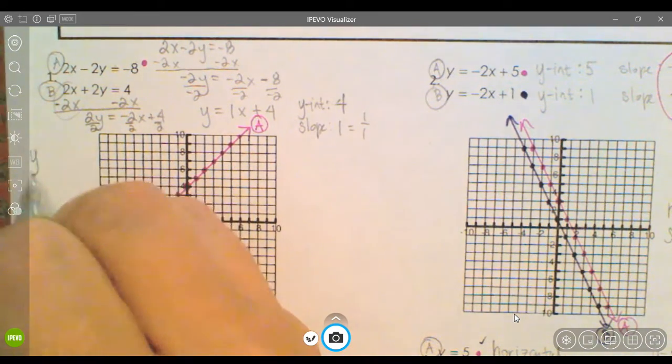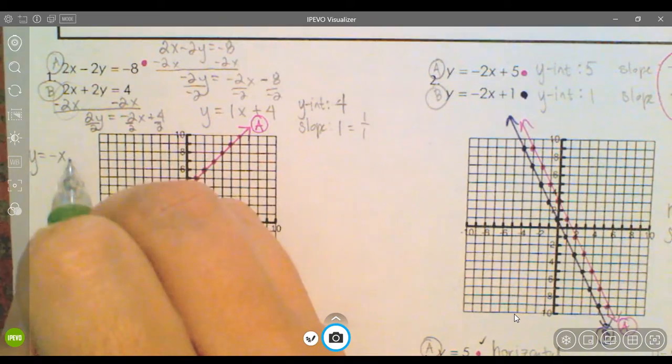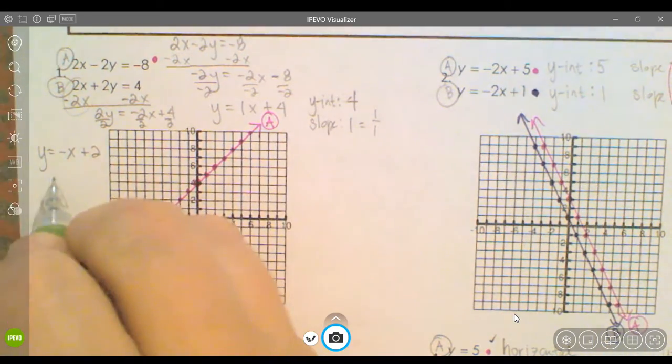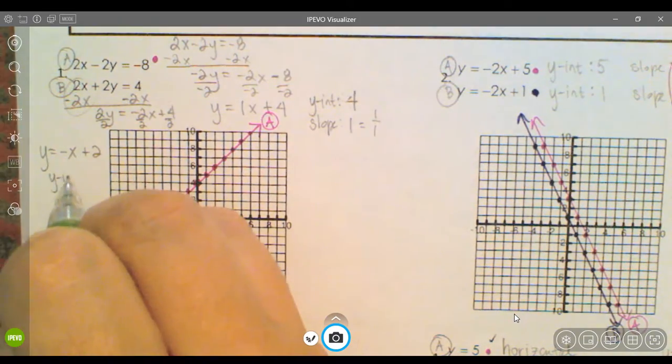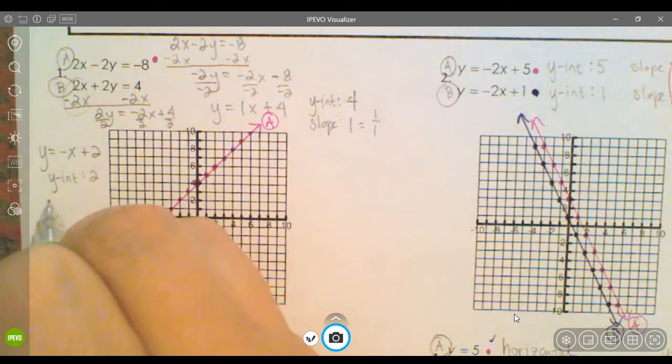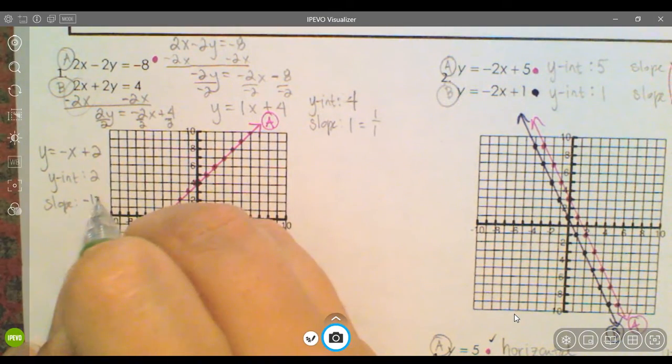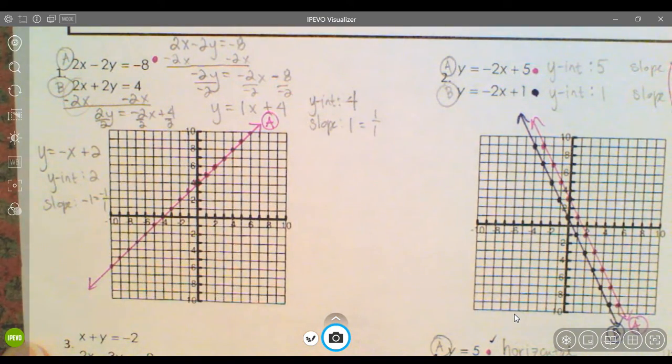When I do that, I get y equals negative x plus 2. All right, what do we know here? I know that my y-intercept is 2, and I know that my slope is negative 1, which is negative 1 over 1. Oh, that's a little sloppy, but it's clearer on the notes, I believe.